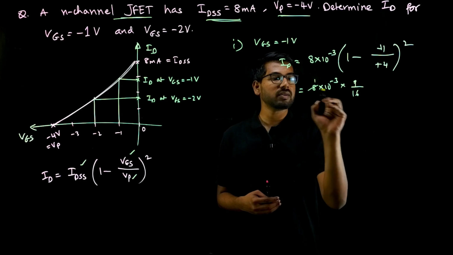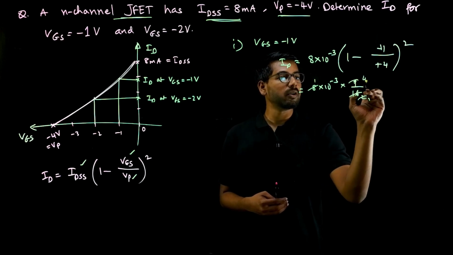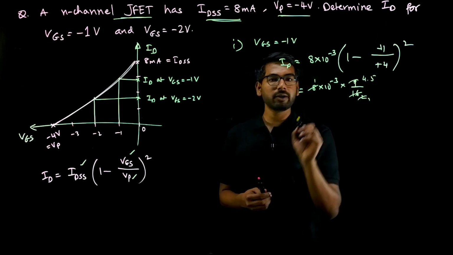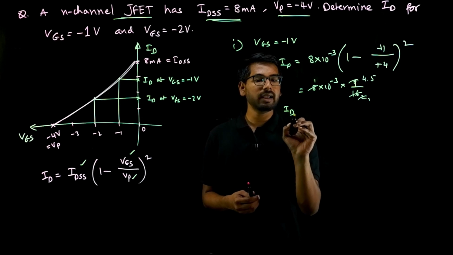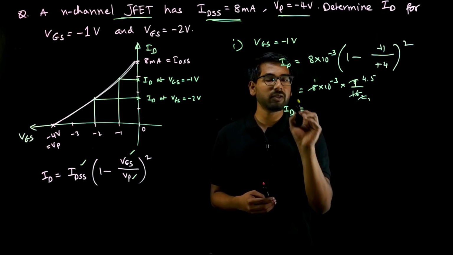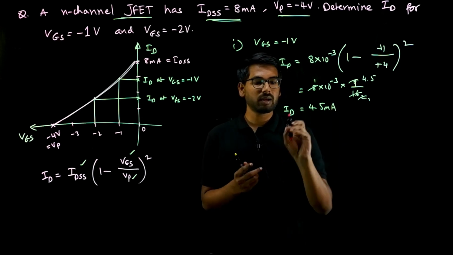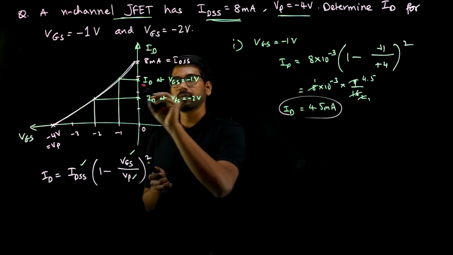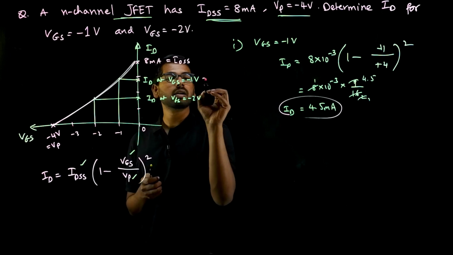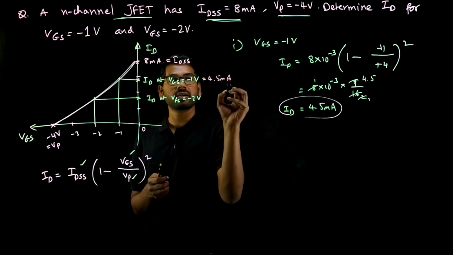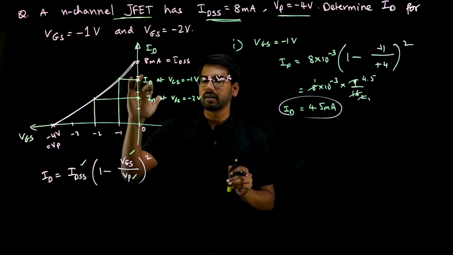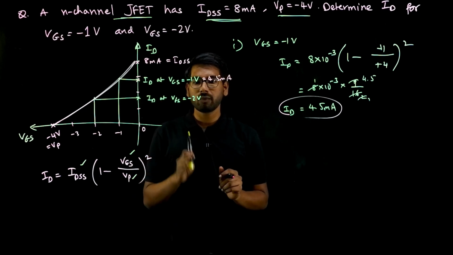So 8 times 9 by 16 is 4.5 into 10 power minus 3. ID when VGS is minus 1 volt is 4.5 milliamperes. So this value here is 4.5 milliamperes.